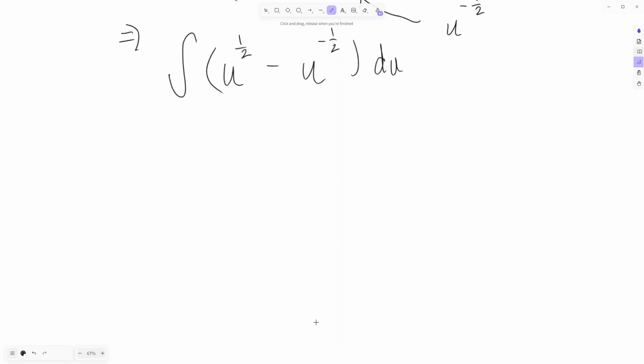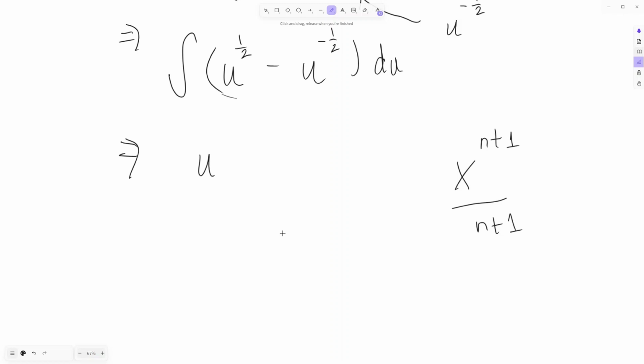Next, what we can do is use the rule for integrating polynomials, which is x to the power of n plus 1 over n plus 1. So when we apply that for these two, we will end up with x, which is our u, right here.